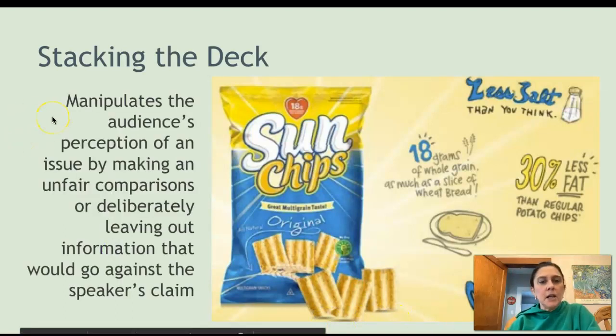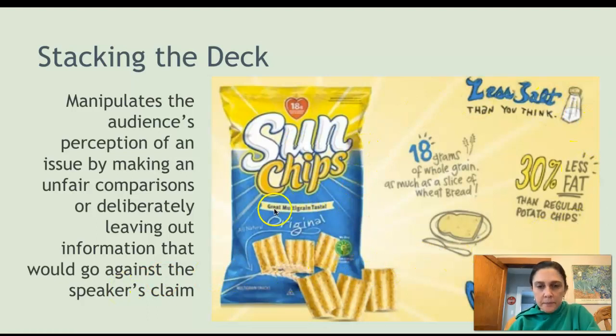This manipulates the audience's perception of an issue by making unfair comparisons or deliberately leaving out information that would go against the speaker's claim. So let's take a look at this ad here. It has Sun Chips. It says great multi-grain taste, original, all natural. We've got a big heart on here indicating that it's good for your heart.